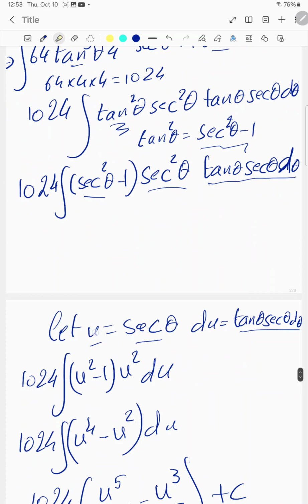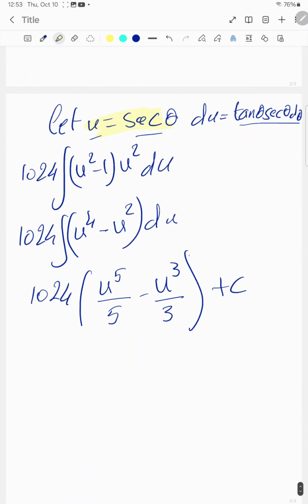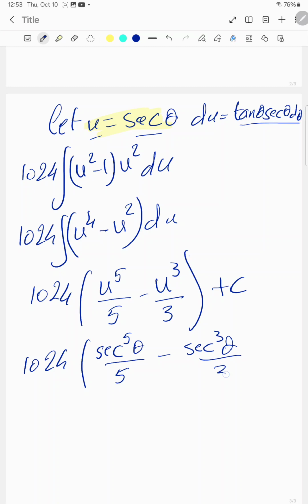Let u equal to sec theta. So I will replace my u by sec theta. So my solution becomes 1024 sec to the power of 5 theta divided by 5 minus sec to the power of 3 theta divided by 3 plus c.